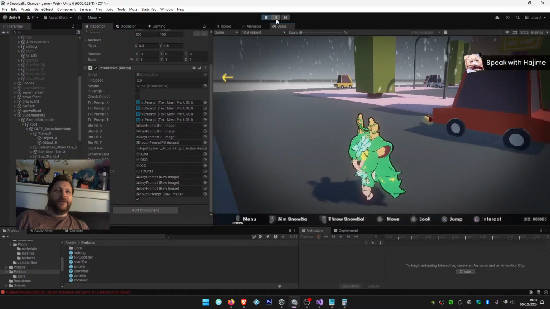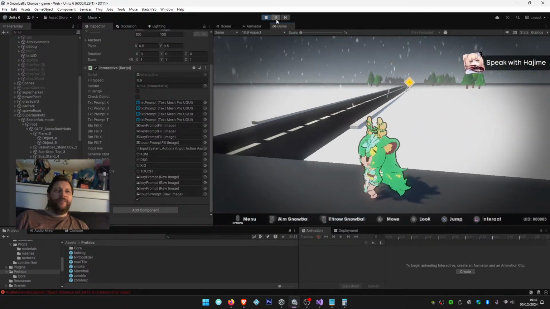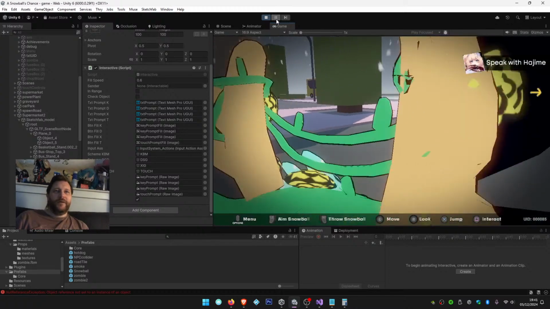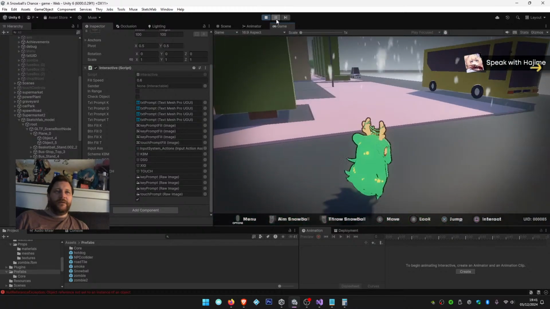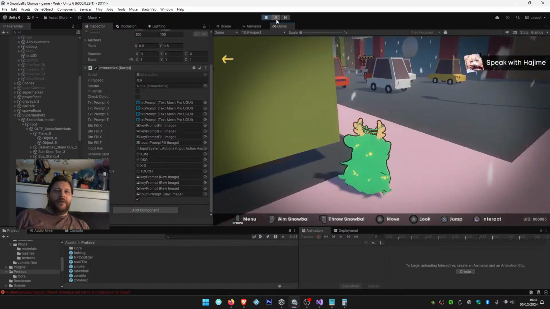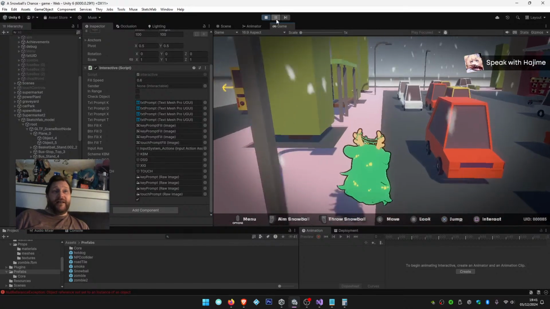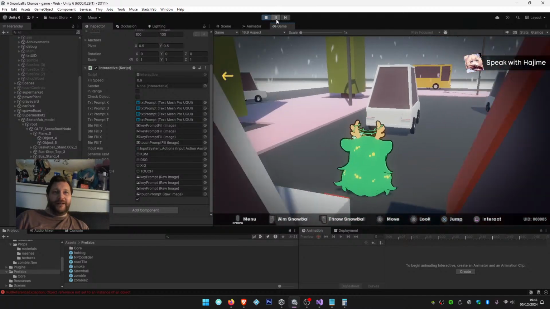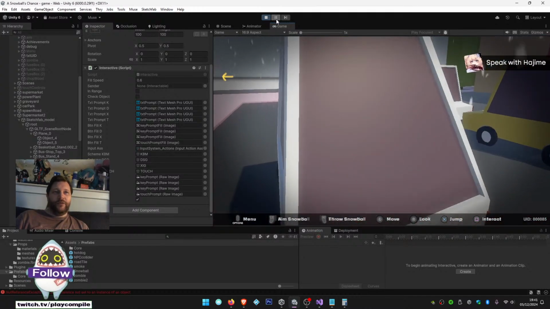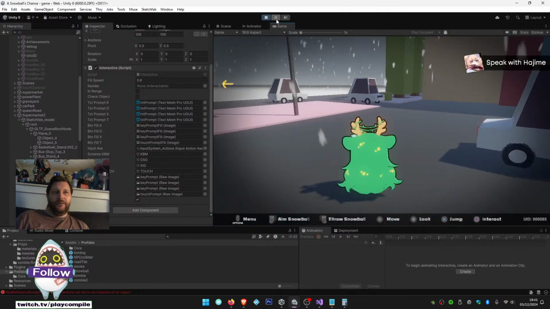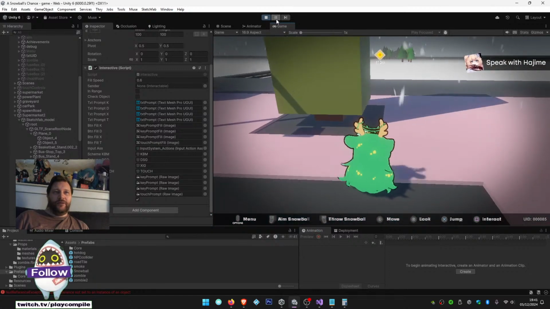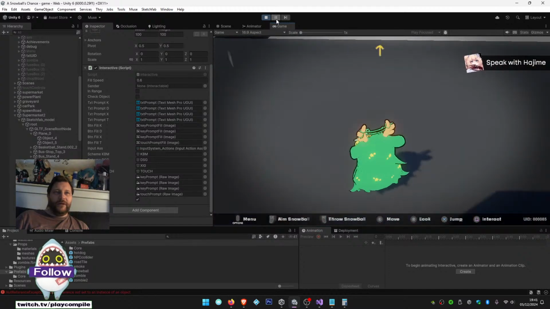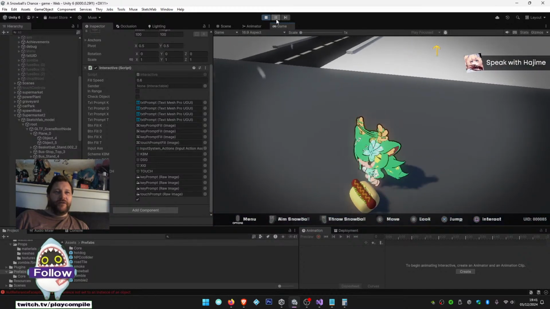Where did all the other hot dogs go? Oh, I turned them off, didn't I? Yeah, I remember now. I turned them off. It's mostly working, but I need it to fully work, not mostly work. I don't know why that hot dog won't let me interact with it. It flashes on briefly.